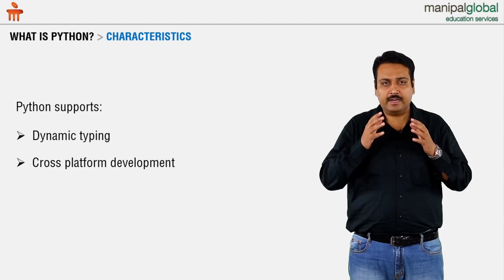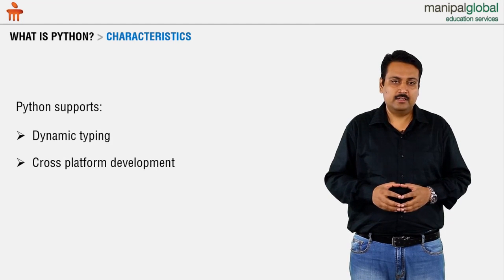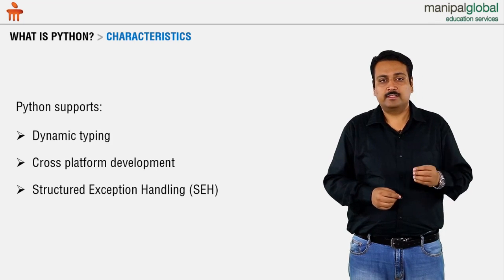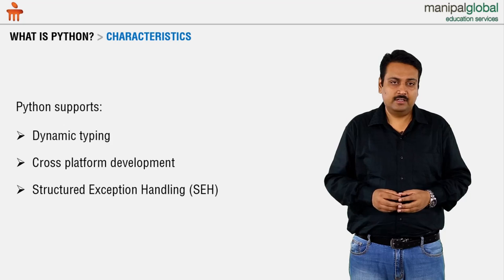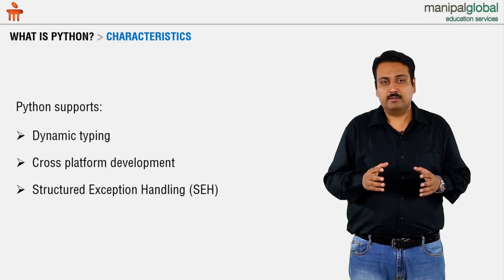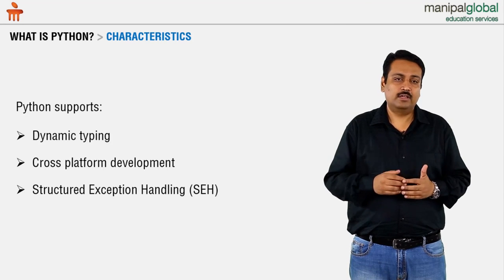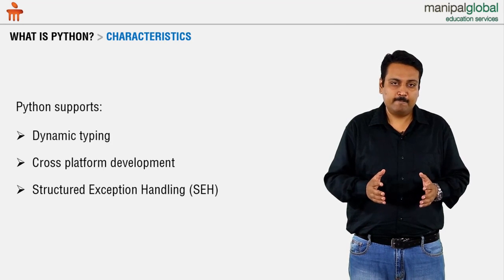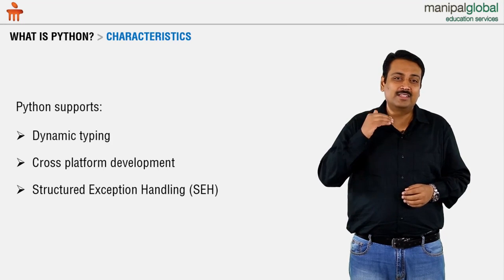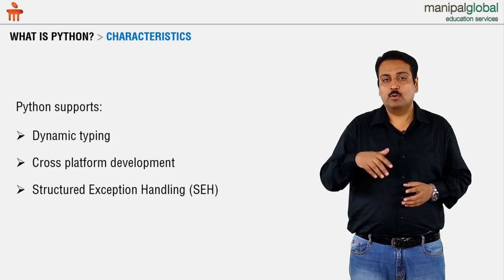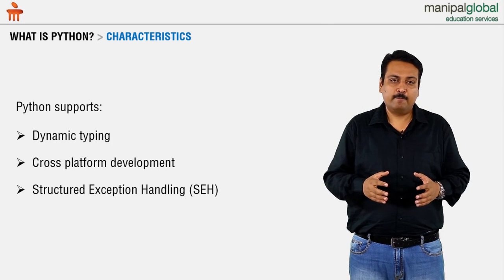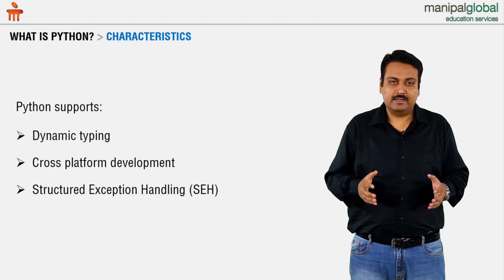Another major characteristic of Python is it is capable of supporting exception handling. That is, we can have structured exception handling supported within Python. With the help of structured exception handling, we can develop applications that are safer, that are more reliable, and the mean time between failure of these applications is less.